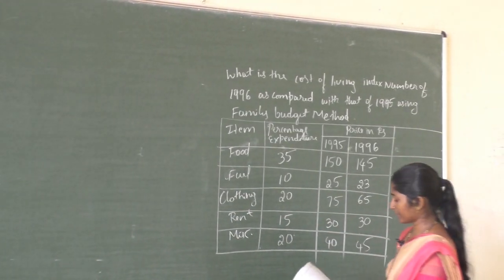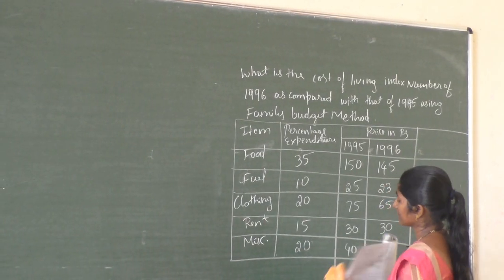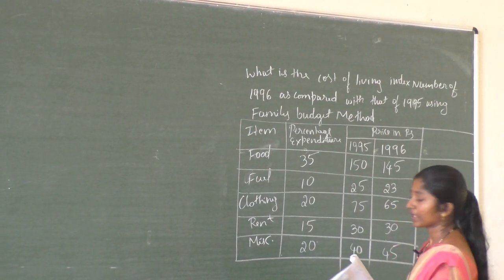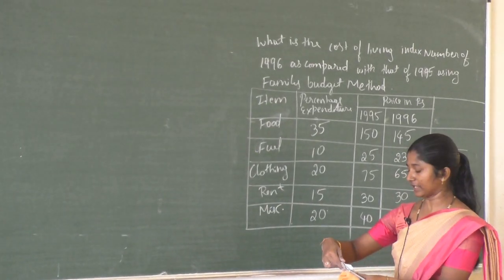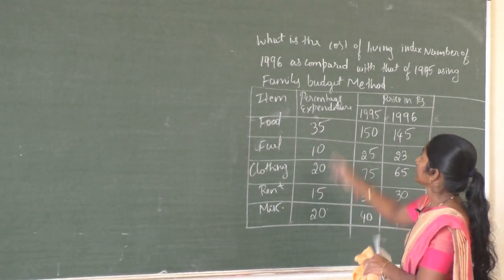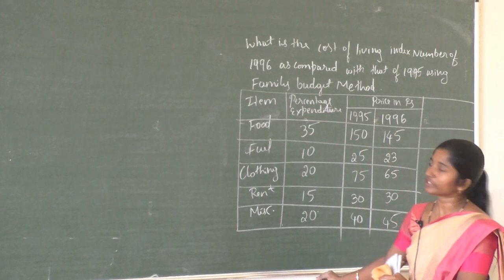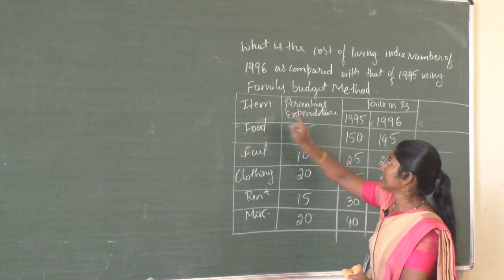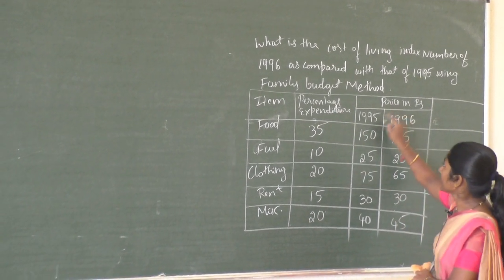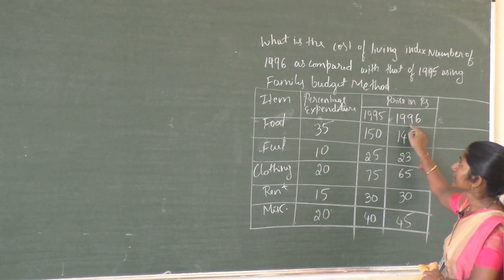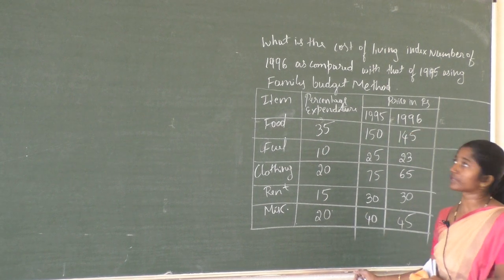In the fourth problem, it is given that an enquiry into the budget of middle class families in a certain city in India gave the following information: item, percentage expenditure, and prices of 1995 and 1996. These values are given.